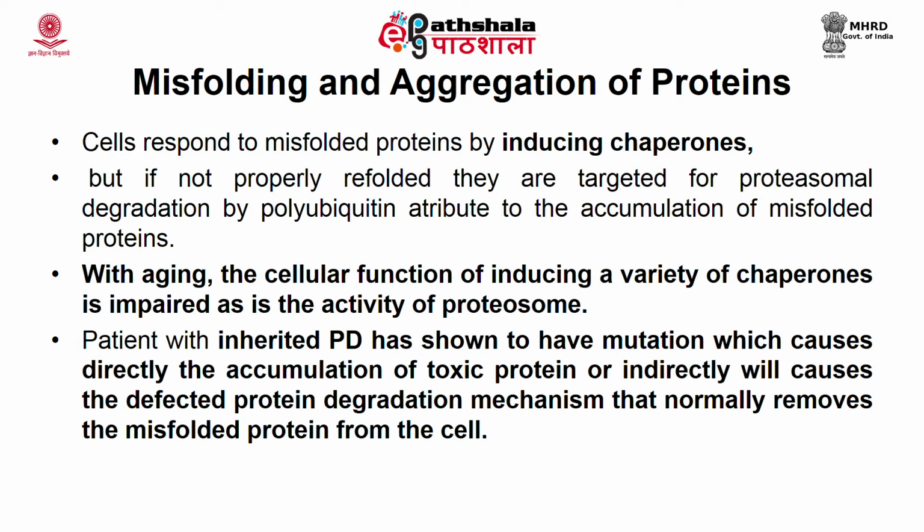If not properly refolded, they are targeted for proteasomal degradation by polyubiquitin. But with aging, the function of inducing chaperones may be impaired, and even the activity of the proteasome may be disturbed. This may be due to the mutations present in the patients of PD.